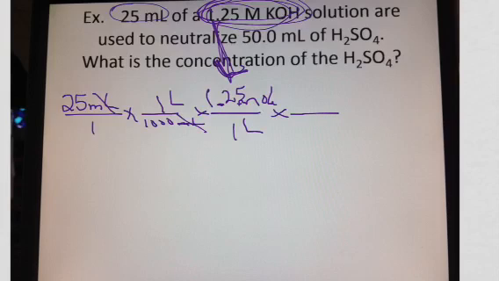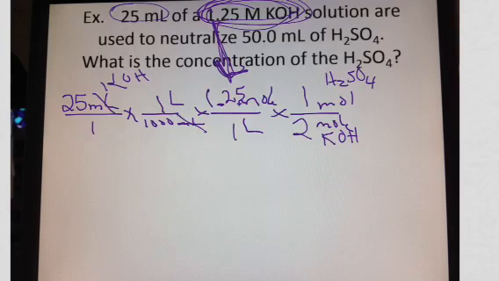And then a 1 with liters. And then the mole-to-mole conversion. And this is KOH here because that's what we started with. And then what the question asks about always goes on top. So moles of H2SO4 on top. And I'm just going to go ahead and fill those in because you saw how to do the equation already.